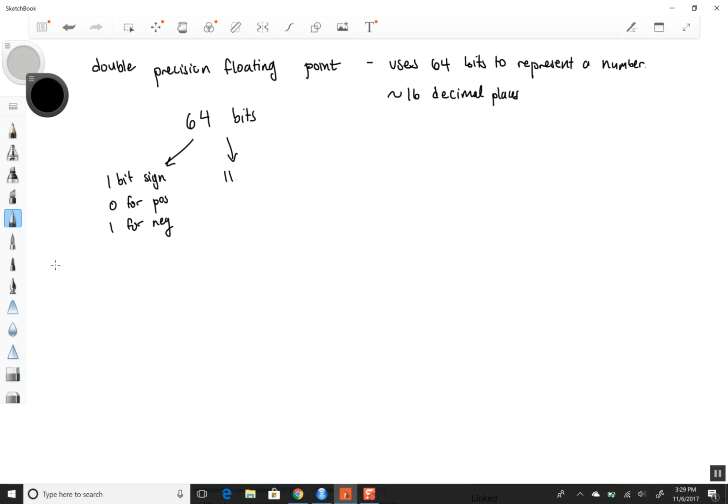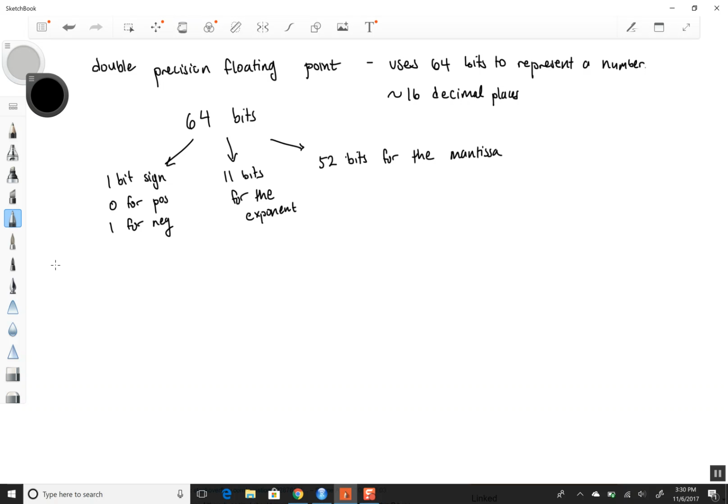Then we have 11 bits for the exponent, and then the other 52 bits for the mantissa. Okay, the mantissa is the part that's not the exponent. And this is how numbers are stored in the computer, again, implemented at a hardware level.